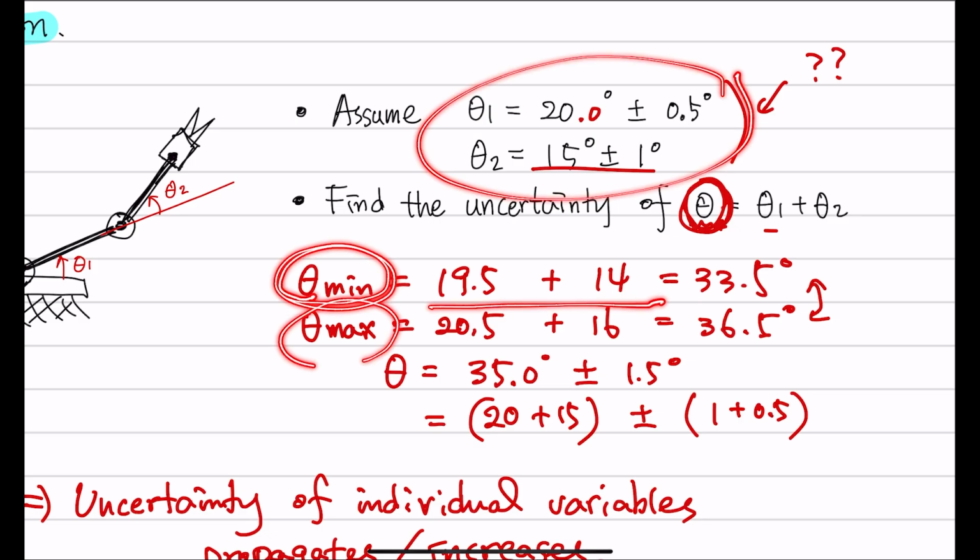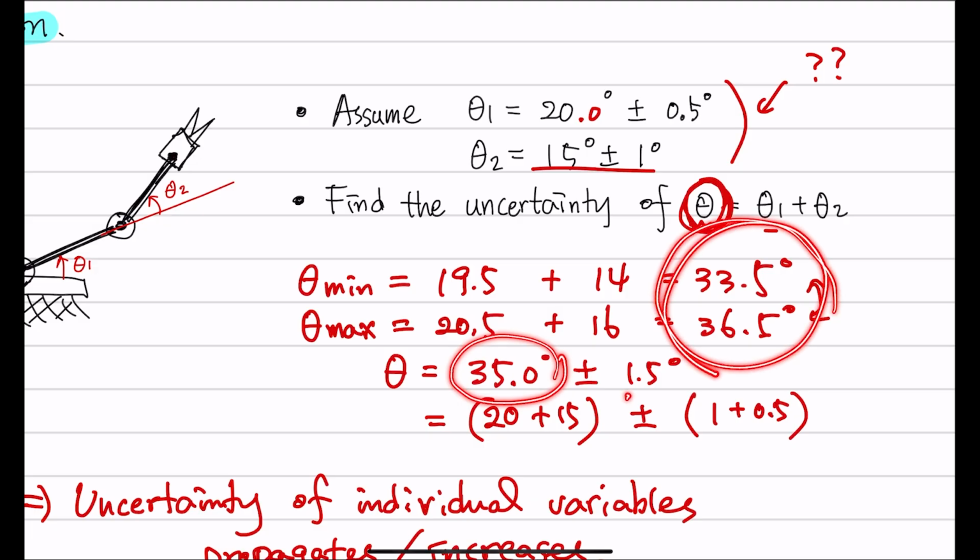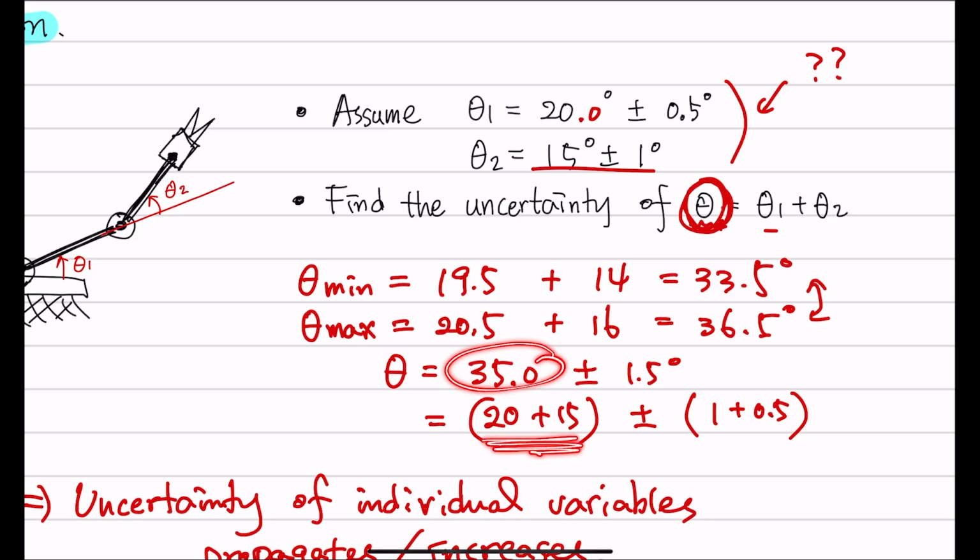And this is the max we can have for the given variable. From here we can see that it's centered around 35 plus and minus 1.5, the range we get. Okay. So this is actually just the sum of these two, and this value is coming from the sum of these two. Okay? Yeah, that was the meaning of here.